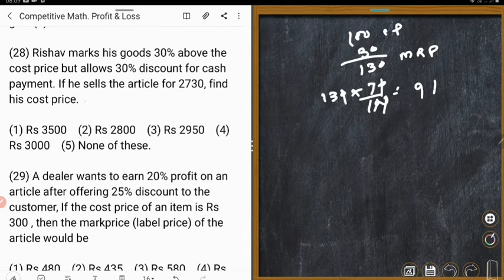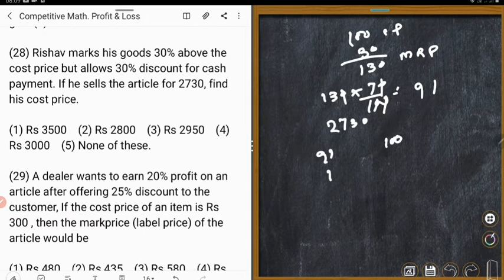If he sells the article for 2,730, this is the selling price at 30% discount. So when 91 is the selling price at 30% discount, CP is equal to 100.